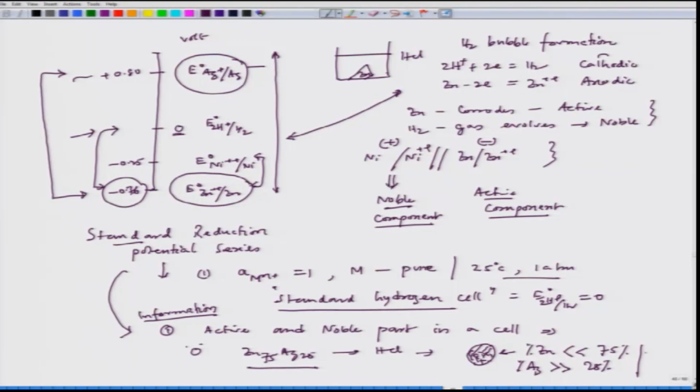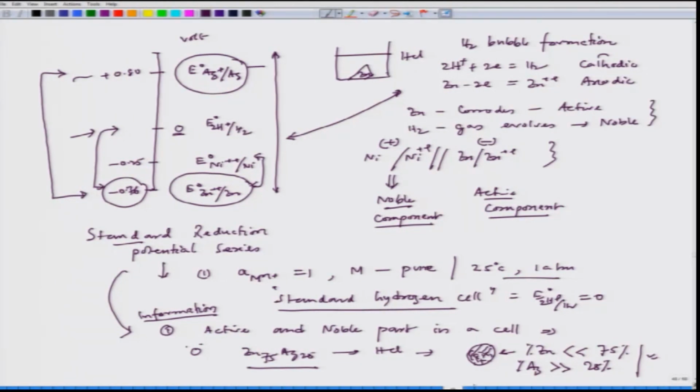So, silver would act as a cathode and zinc would act as an anode. So, zinc becomes your active component and silver becomes your noble component. That information we can definitely get.